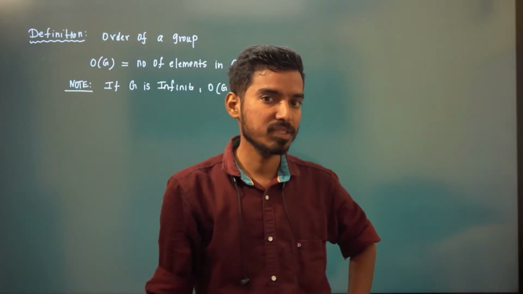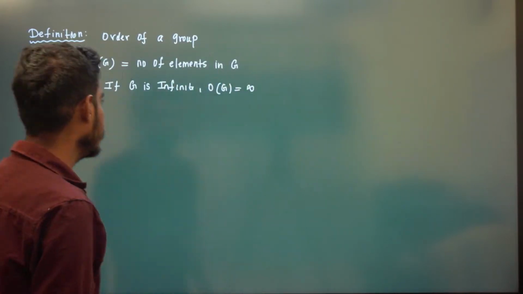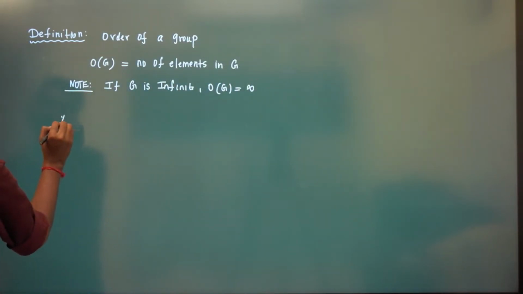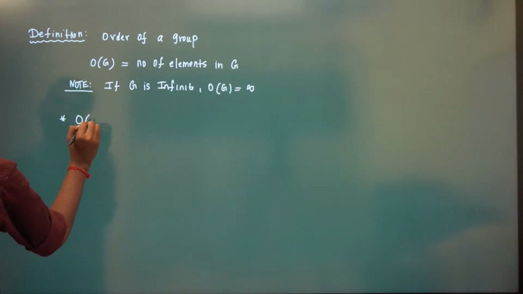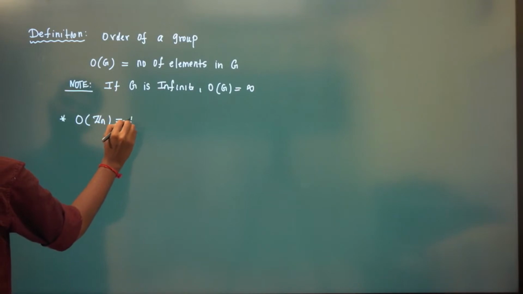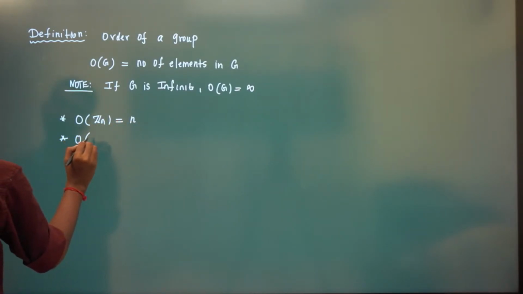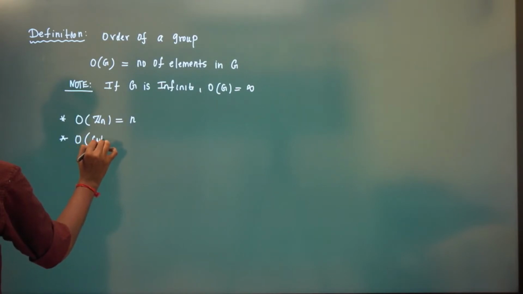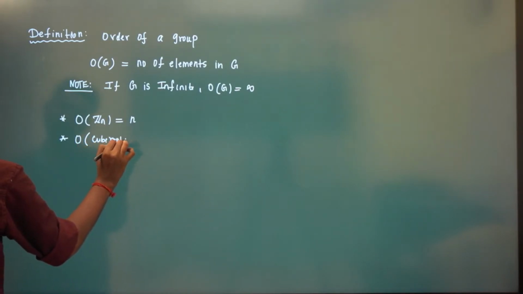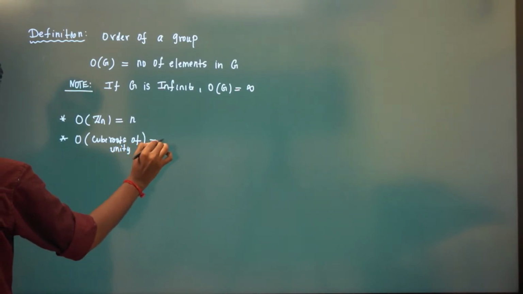And in the previous class, we have seen some examples, like what is the order of cube roots of unity or order of Zn. It is n because it will have n elements. Order of cube roots of unity is 3.